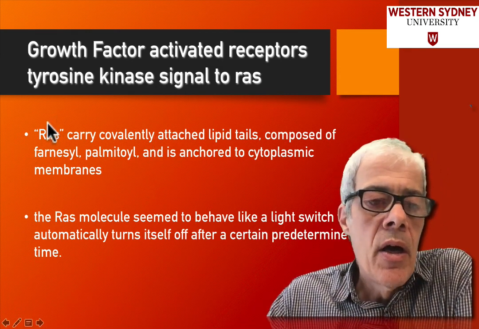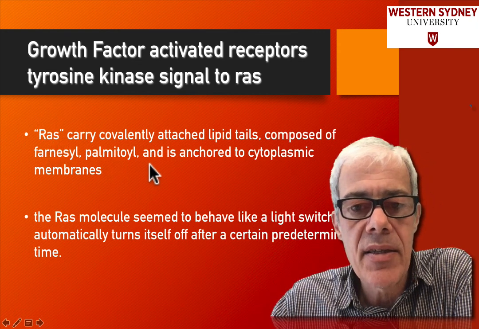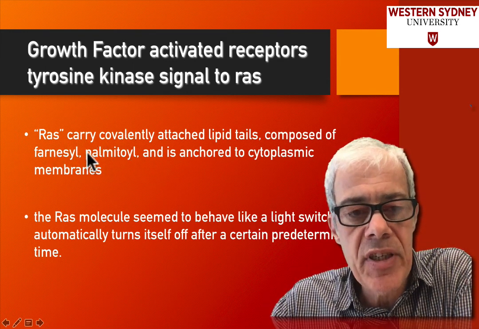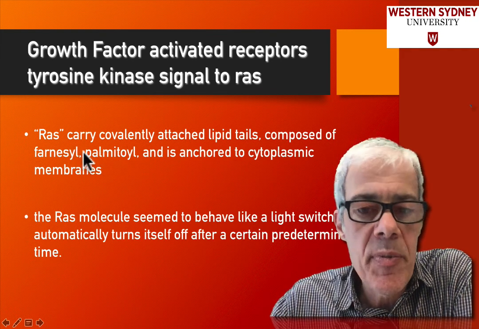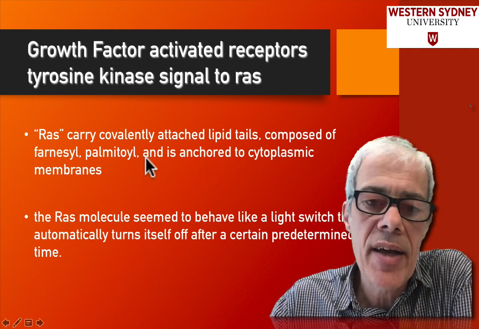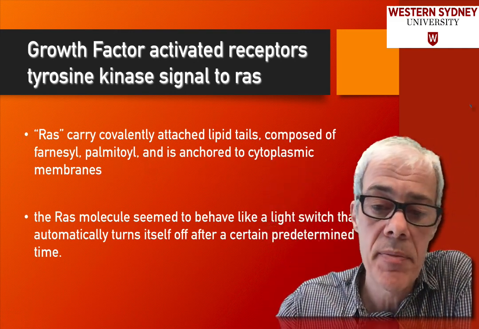So we're going to look at the RAS protein in a bit more detail. RAS has these lipid moieties attached to it, and because RAS is attached to these lipid molecules, the lipid molecules embed themselves in the cytoplasmic membrane. So RAS is located on the plasma membrane, on the inside of the plasma membrane.